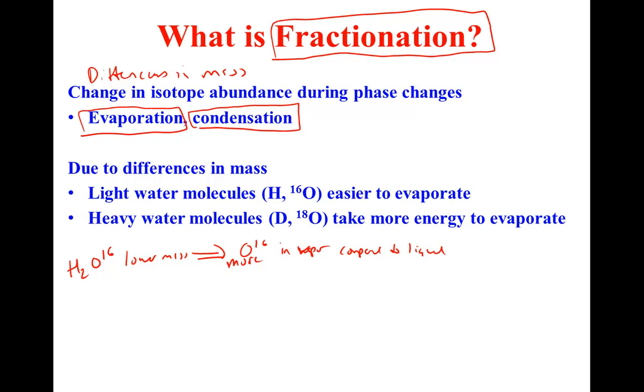The opposite is true for heavy water molecules that contain, say, the deuterium or the oxygen 18 isotope. They have a larger mass. As a result, there's less of those heavy water molecules in the vapor compared to the liquid.